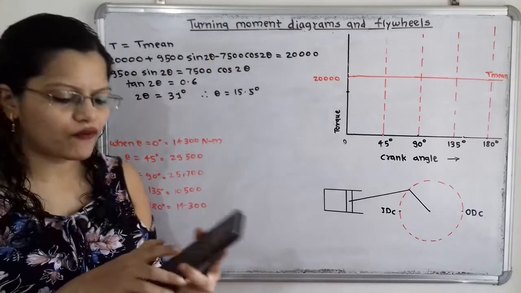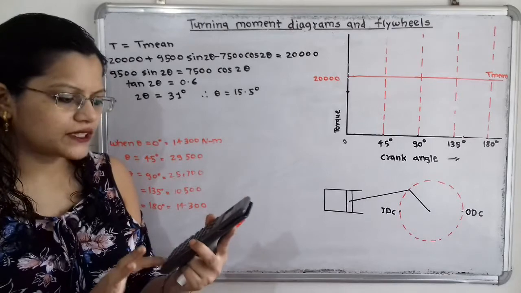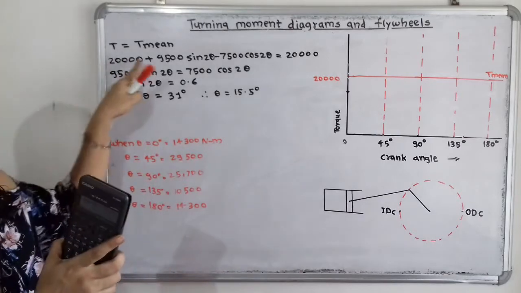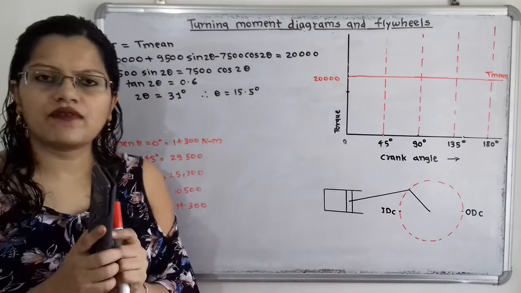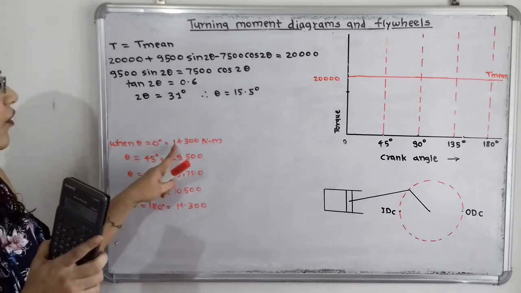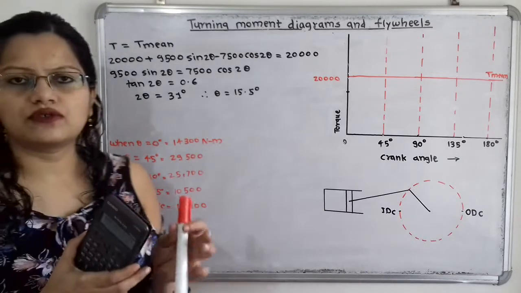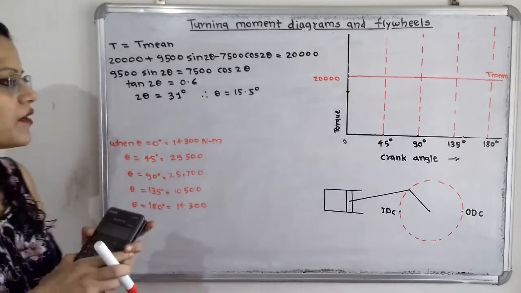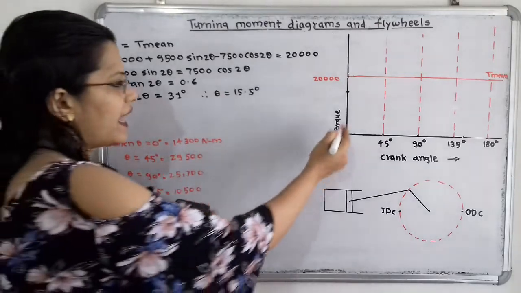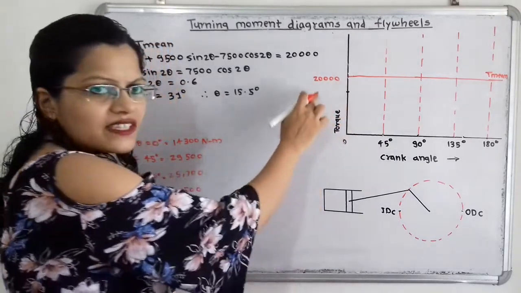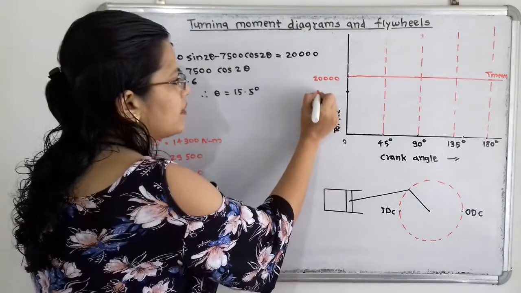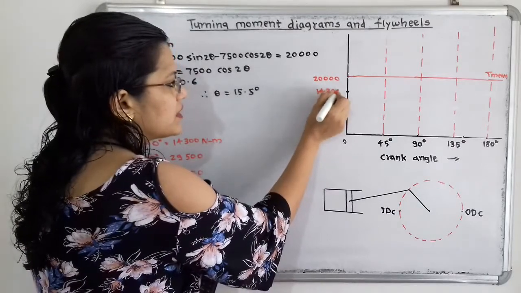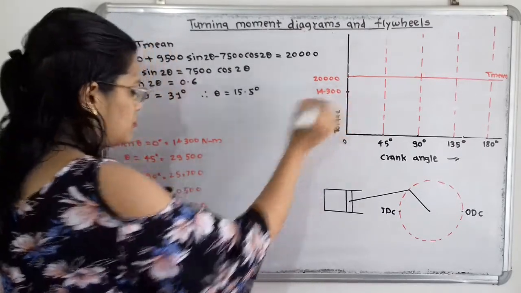And what is the value of cos of 0? Cos of 0 is 1. So this is 20,000 minus 7,500, which is equal to 14,300 Newton meter. So we will plot one point at this 0 degree angle, 14,300, which is below the mean torque.